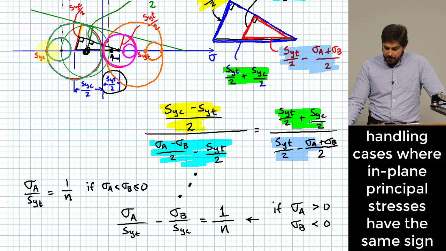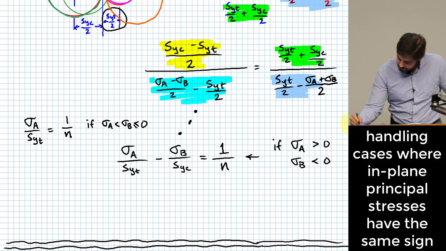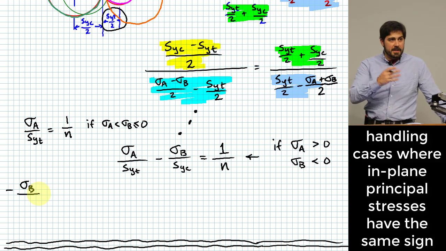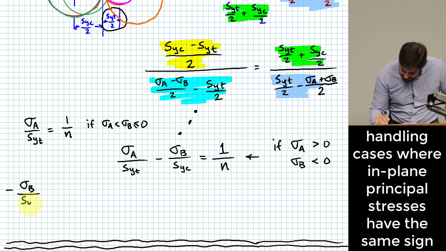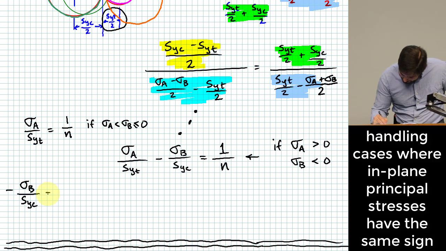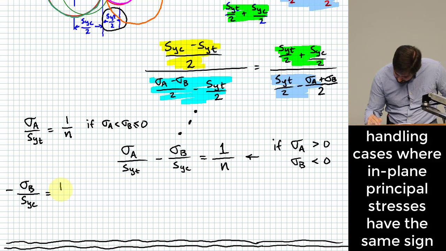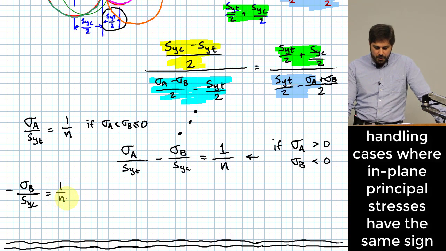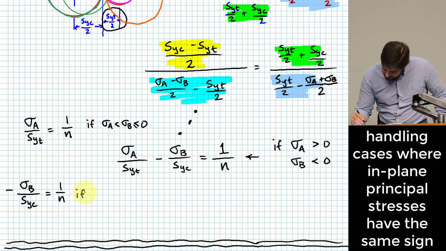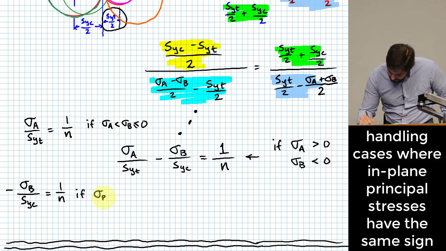So basically what we're saying there is that we would have sigma B, and I would really actually say negative sigma B because sigma B is going to be a negative value, but S sub yt or S sub yc is going to be a positive value, right? Is equal to 1 over n, and this is what we have if sigma B is less than sigma A, less than or equal to 0.